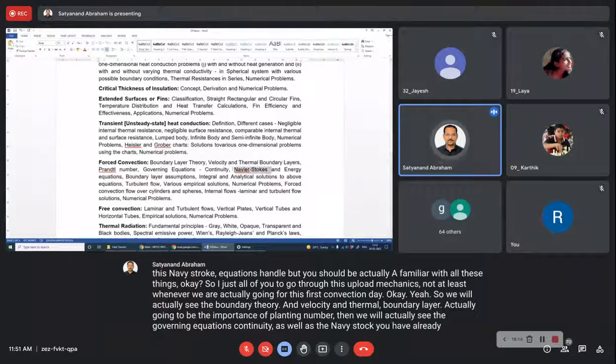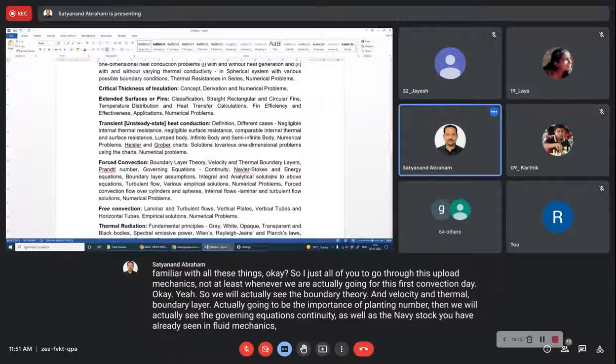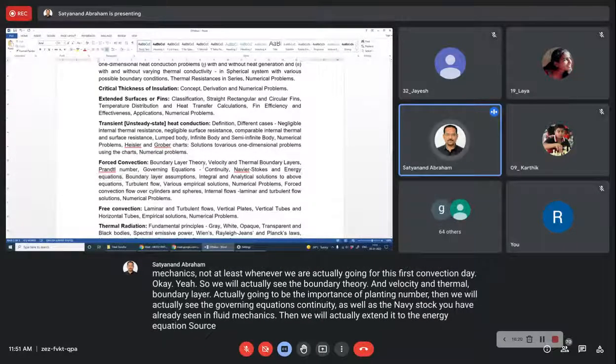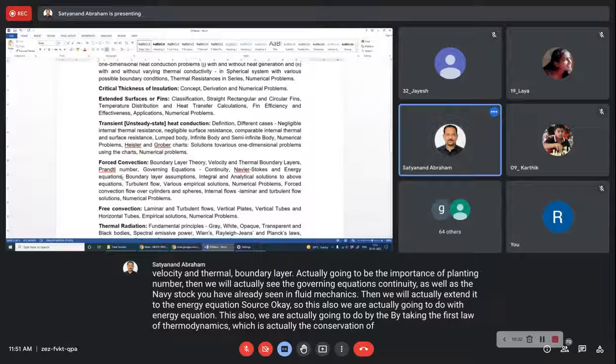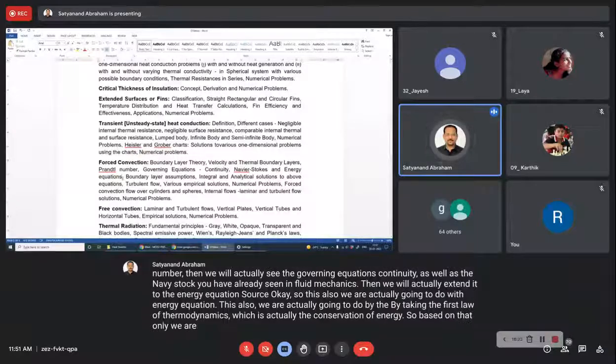You have already seen these in fluid mechanics. Then we will extend it to the energy equation also, which we will do by taking the first law of thermodynamics, which is the conservation of energy. Based on that only we are going for this.